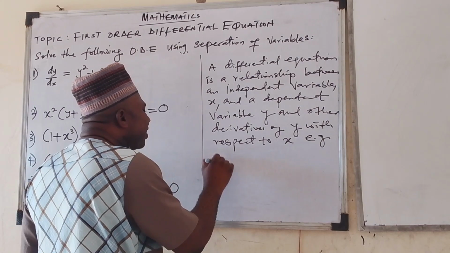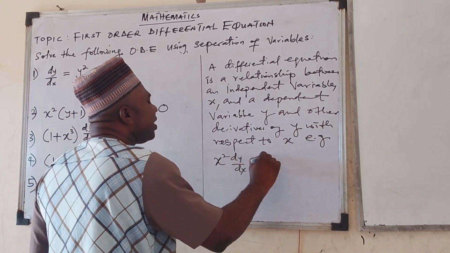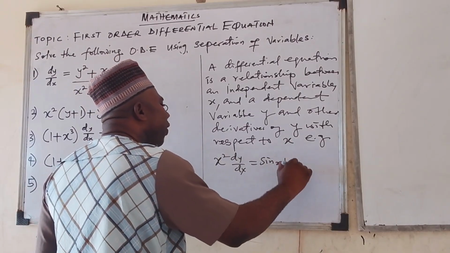E.g., we have x squared dy/dx is equal to sine x plus 4.